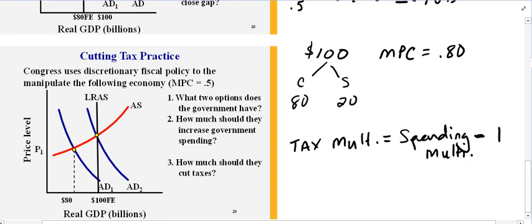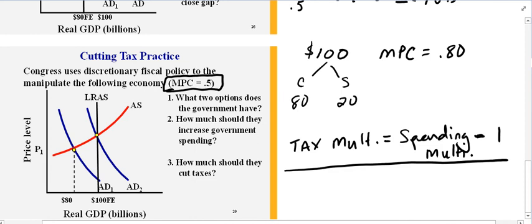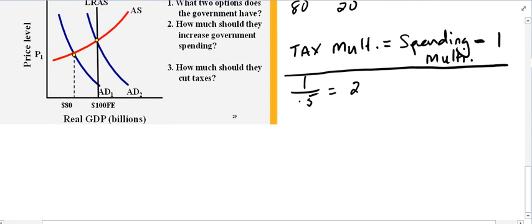Okay? So we know that in this situation, our MPC is 0.5. So the math would look like this, right? Our spending multiplier is 1 over 0.5 equals 2. Okay? And then we say, okay, so our tax multiplier is 2 minus 1, which is 1. We'll just call that TM, tax multiplier.